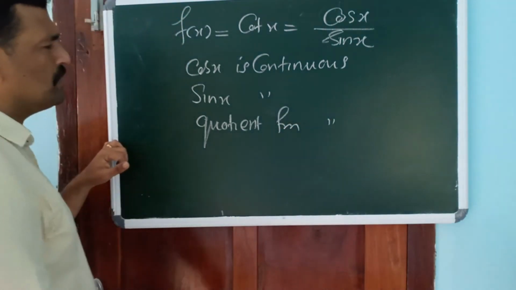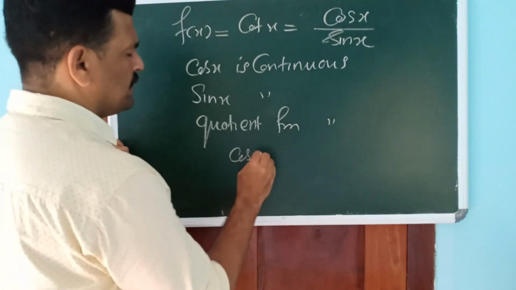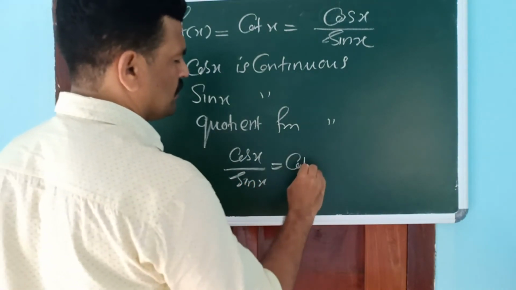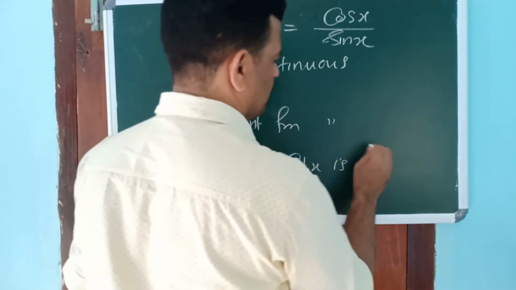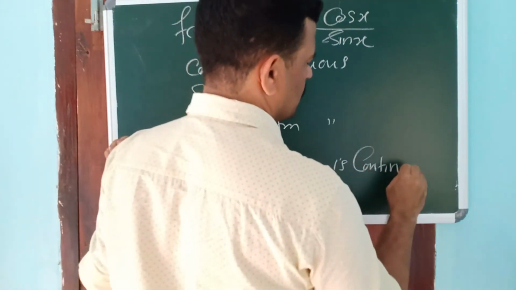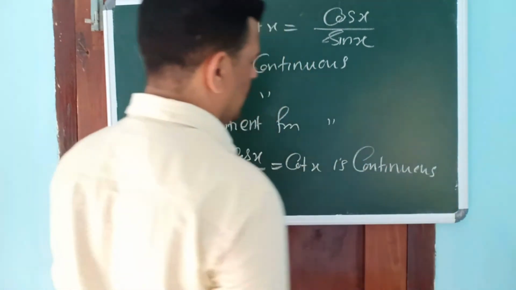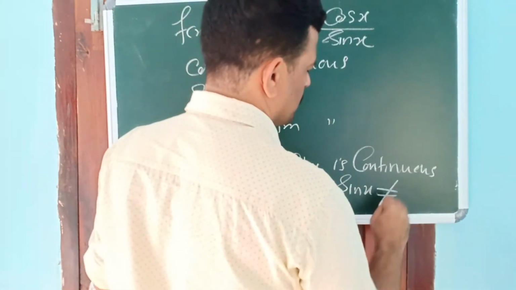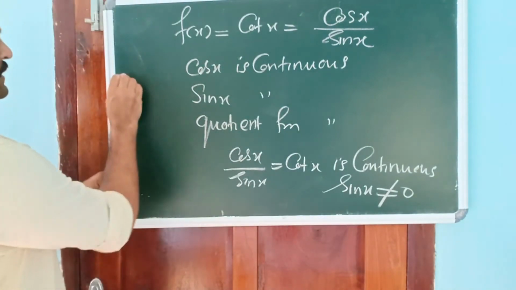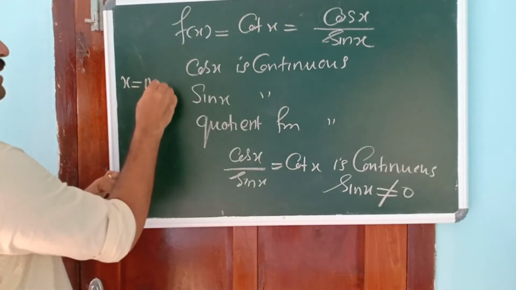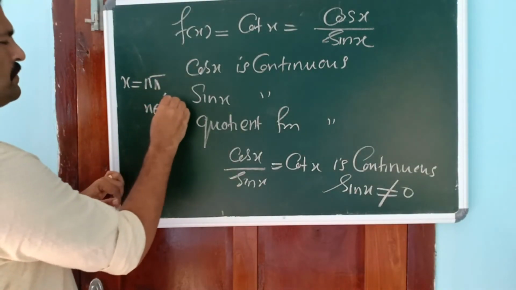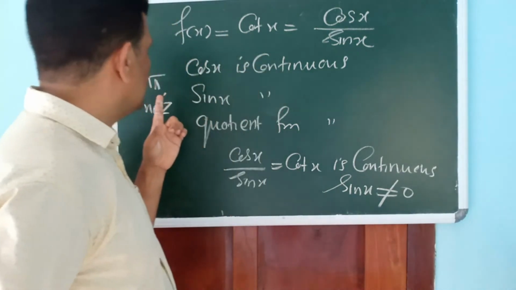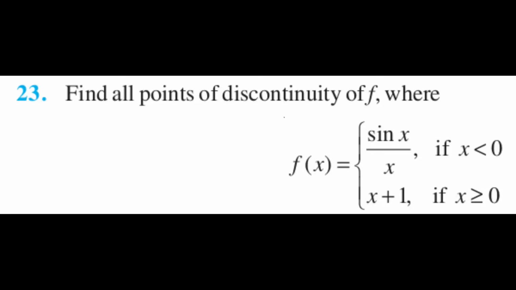Therefore, we can write cos x by sin x equal to cot x is continuous. Here you have to remember one thing, sin x not equal to 0. That implies x not equal to n pi, where n is an integer. That means this function is continuous everywhere except integer multiple of pi.